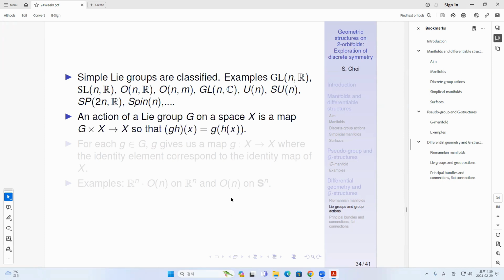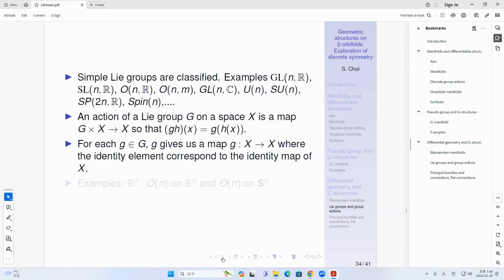An action of a Lie group G on a space X is a map G times X to X so that (gh)x equals g(hx). So this is compatible. This is called a left action because the left side is preserved, so the order is preserved. If it's a right action, you have to reverse g and h, or write it on the other side. Both left and right actions are interesting, but usually people study left actions.